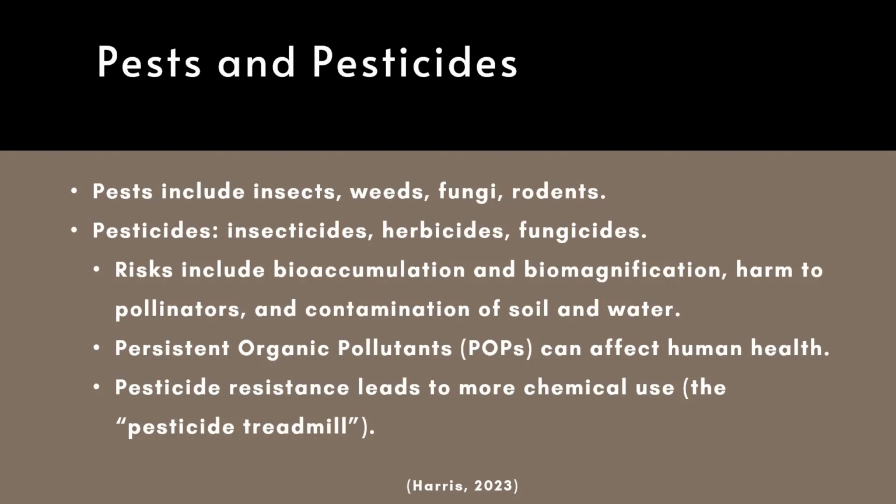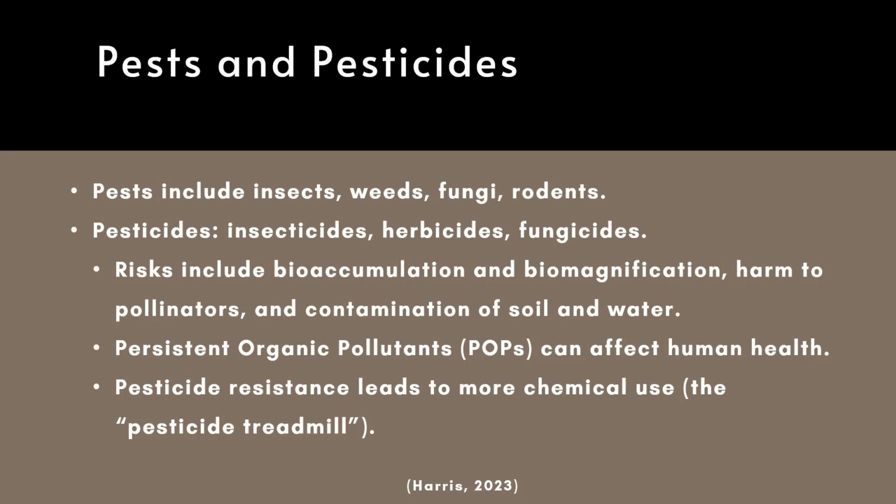While pesticides can be effective, they also come with some environmental and health risks. Some chemicals can bioaccumulate. We mentioned this previously in another chapter, meaning they build up in the tissue of organisms over time, and they can biomagnify, which is when they become more concentrated as they move up the food chain. This can cause long-term harm to wildlife and potentially to human health.